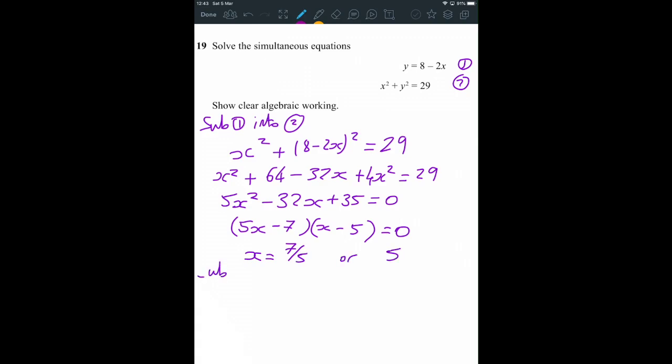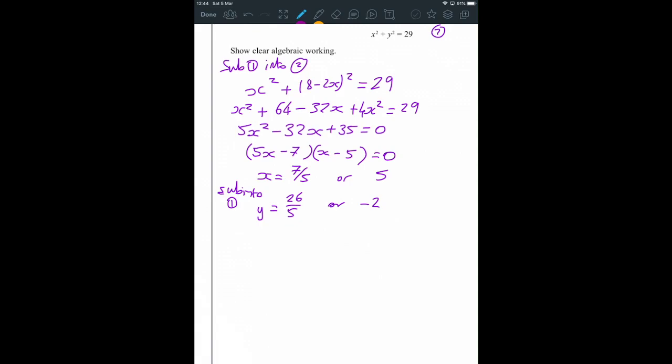We now need the y values, so I'm going to sub into 1. 1 was telling us what y was, so if I sub the 7 over 5 in, 8 minus 2 lots of 7 over 5, I'll get the corresponding y value, 26 over 5. Or if I sub the other in, 8 minus 2 times 5 gives negative 2.